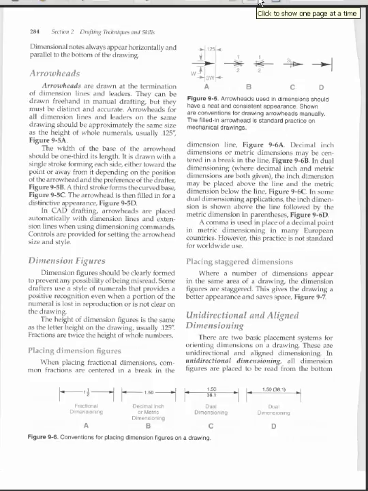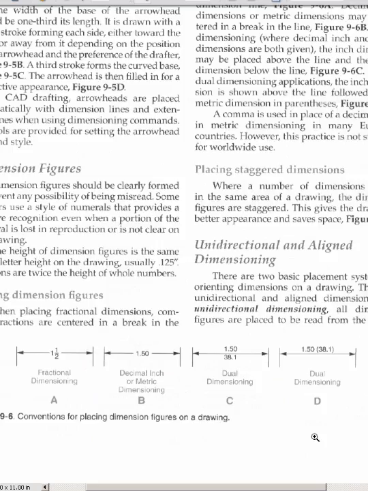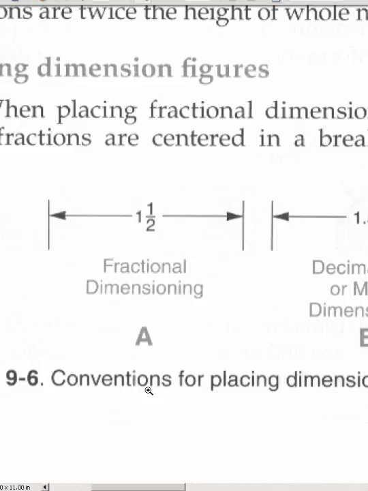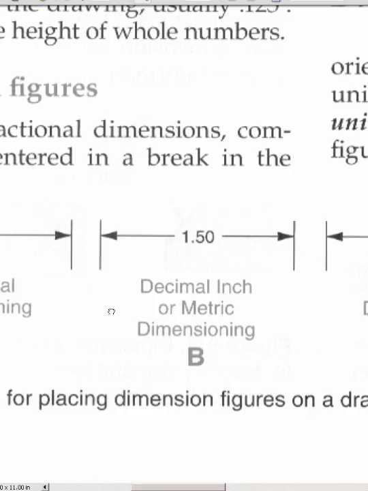There's also the concept of using dual dimensioning. And a couple of other terms to keep in mind. Fractional dimensioning shows it there. And this is just laying out how certain types of dimensioning are used. For fractional dimensioning, it's just obviously the fractional value there in the middle in place of the decimal.